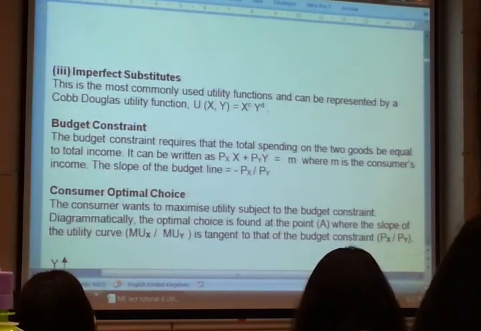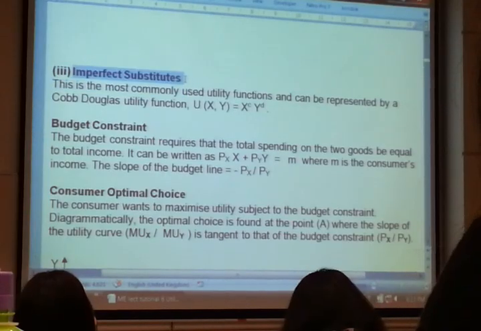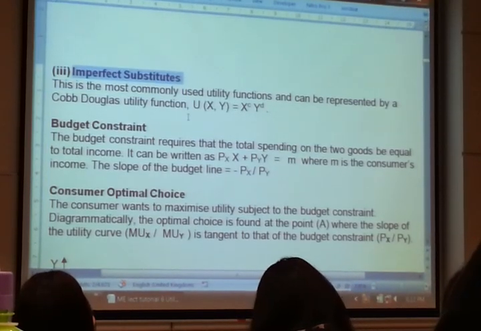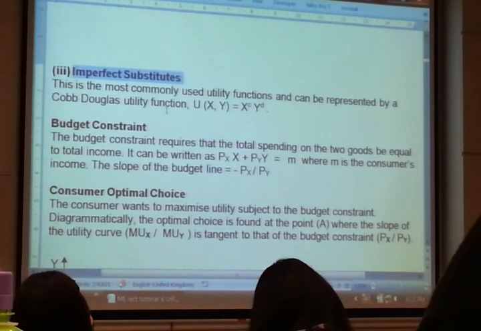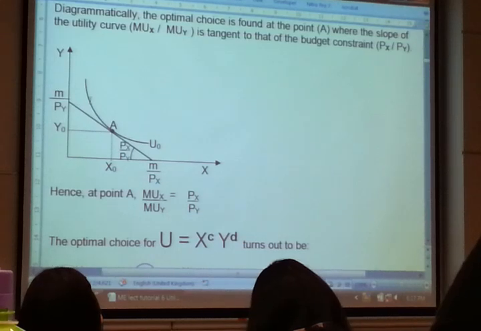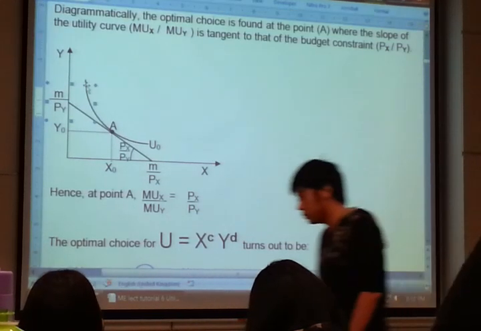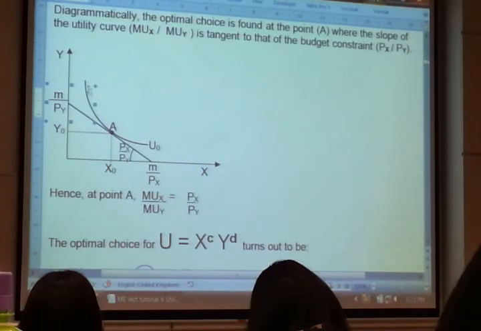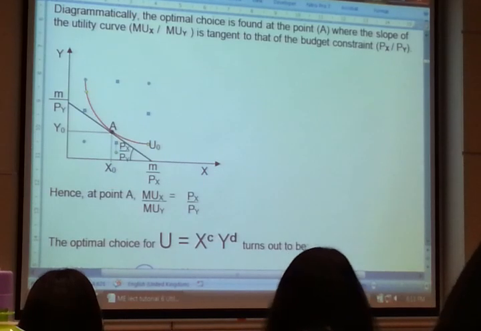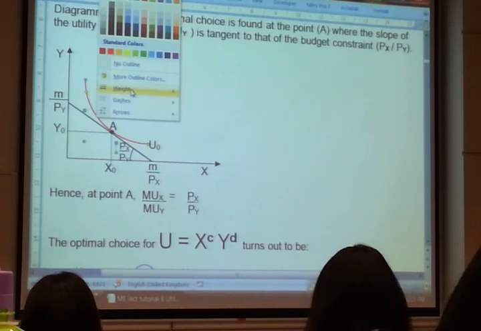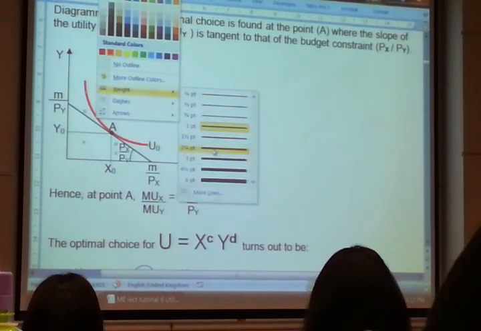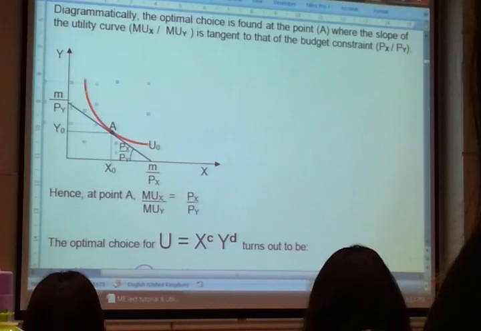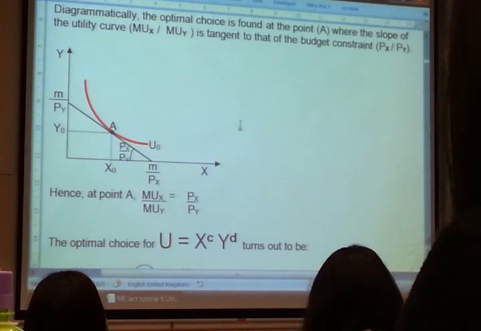Now, when the two goods are not perfect substitutes, then your utility curve is this. Okay, you see this shape. This is our standard analysis for two things being imperfect substitutes.